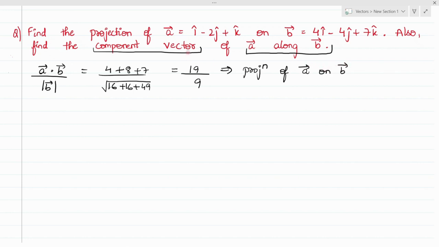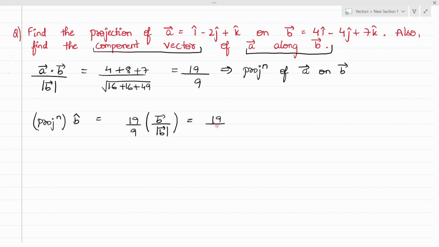So the next question, that is the component vector of A along B, which is nothing but the projection of A on B multiplied with B cap. So it becomes 19 by 9. B cap is nothing but B vector upon its magnitude.